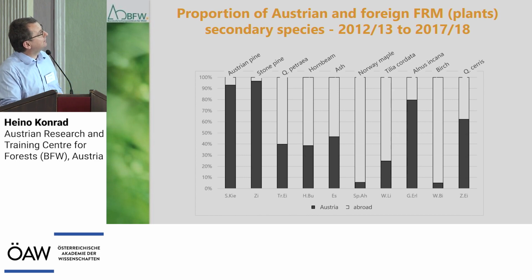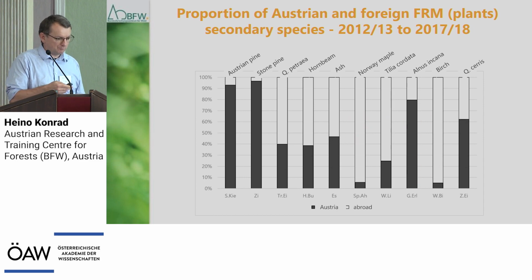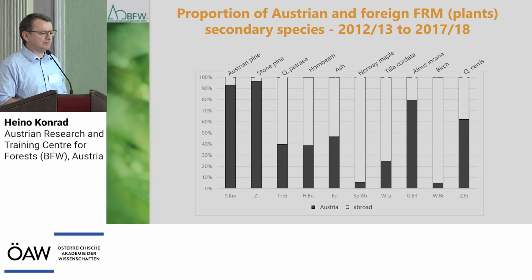But all the rest of the material is mainly coming from outside of Austria, particularly Norway maple and birch. It's quite surprising. But this is basically because the demand has not been very high in these species. So the nurseries just buy what they need from abroad, less work. But we have to bear this in mind.